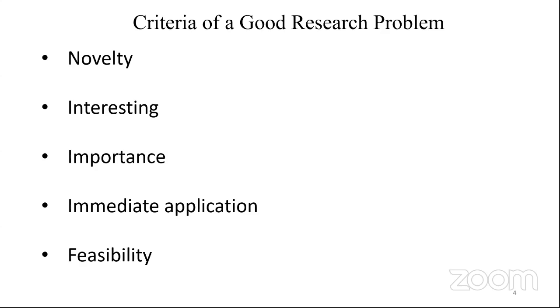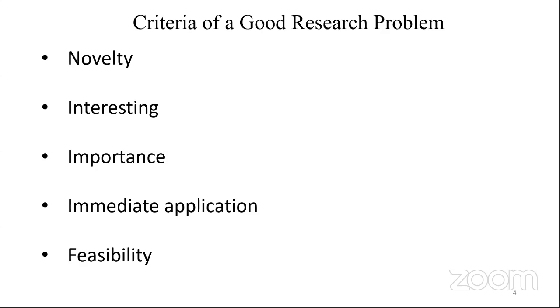And of course, feasibility of the problem. If you have very difficult problems in mind, like exploring whether there is life on Mars, given our research conditions, given the accessibility to information or the equipment we have, these are very difficult problems to work on.